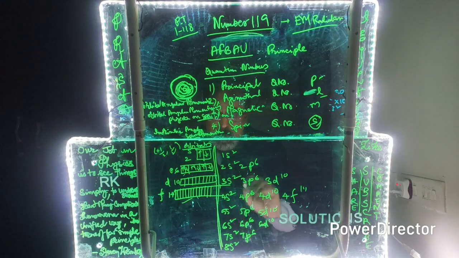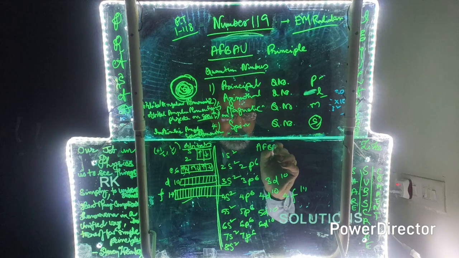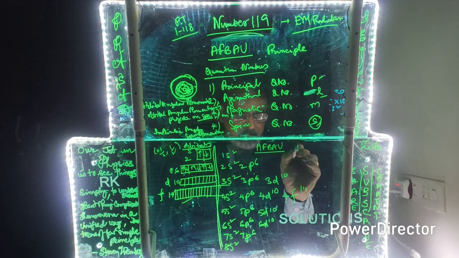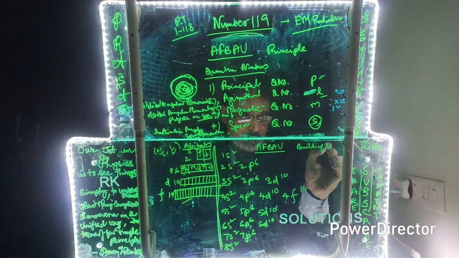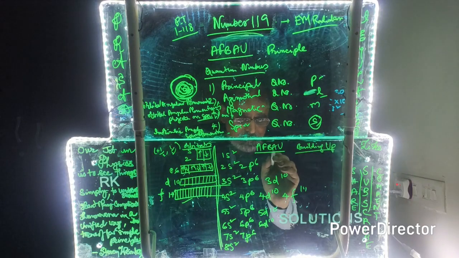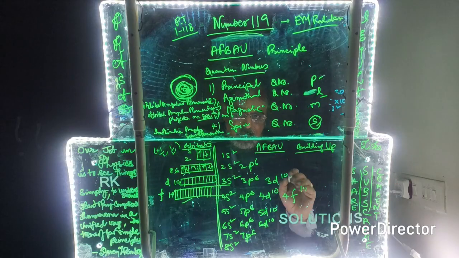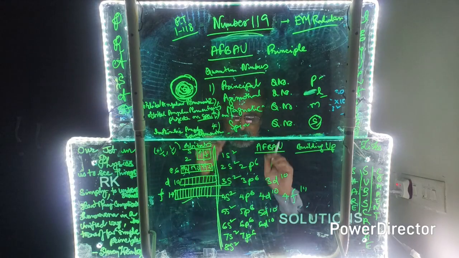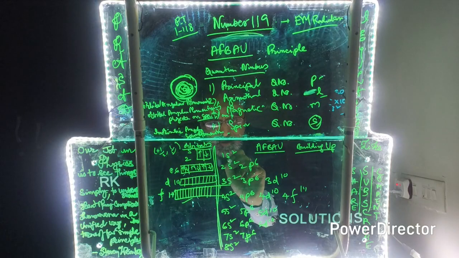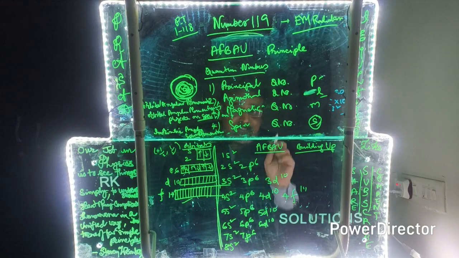And the Aufbau principle, Aufbau meaning building up in German, that building up series, the rule says whichever orbital has the least energy, the electrons occupy that.